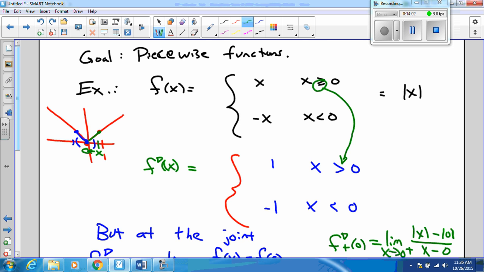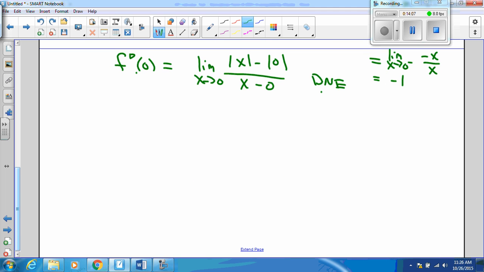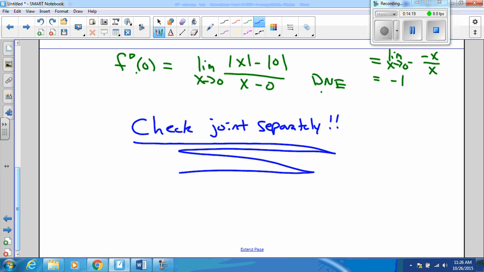See, I gave away the rules. So this is really our slogan for piecewise functions. Check the joint separately.